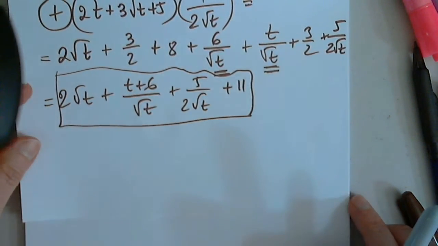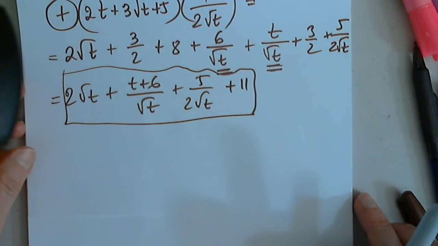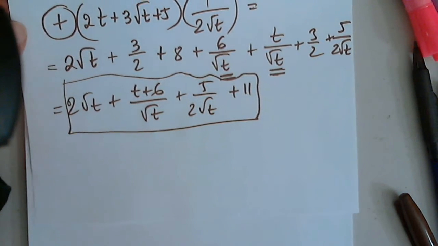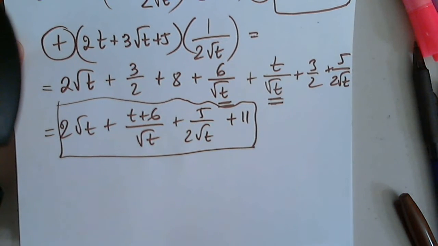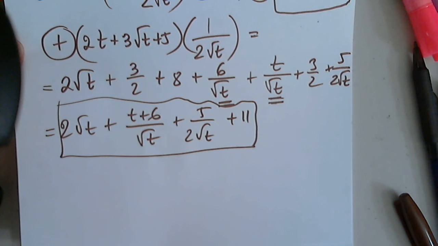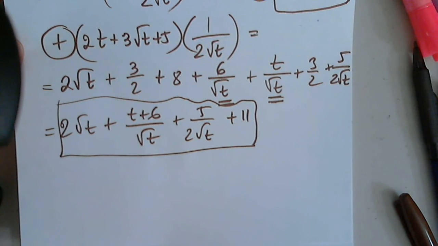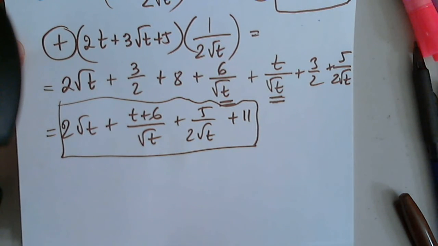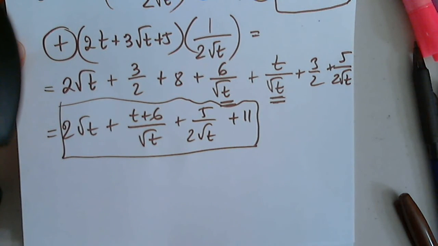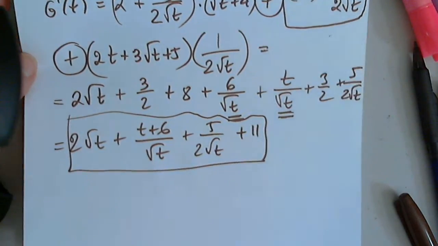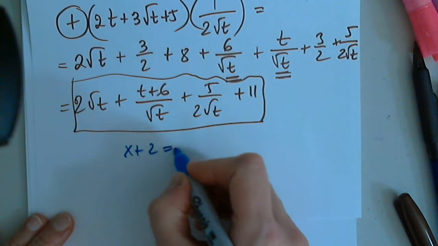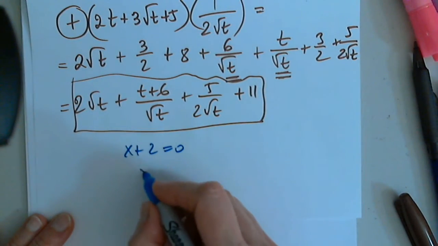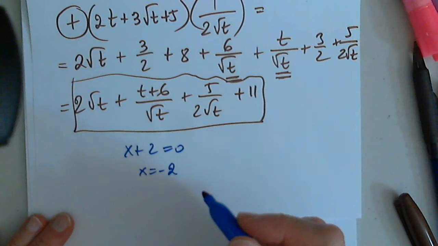I had a question. Yes, Rita. I was just wondering, my biggest problem with the written work is missing how to write it properly. In this case, you didn't copy g of t or g prime of t every single time you wrote the equals sign. Is that okay? Yes, because this is not an equation. If I have x plus 2 equals 0, and I move 2 to the other side, I write x equals -2.